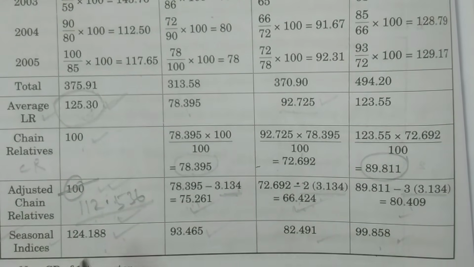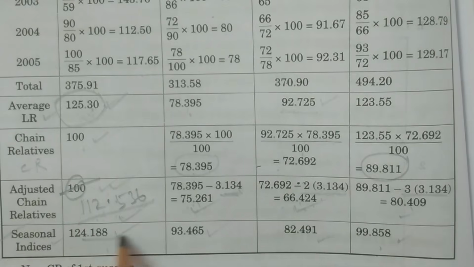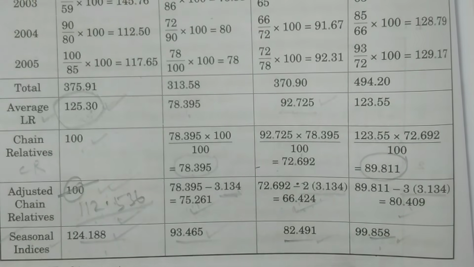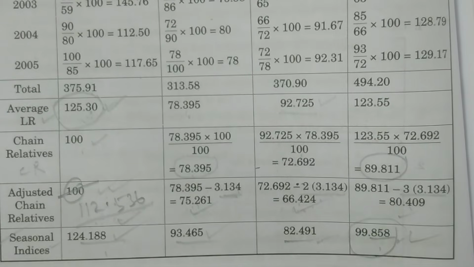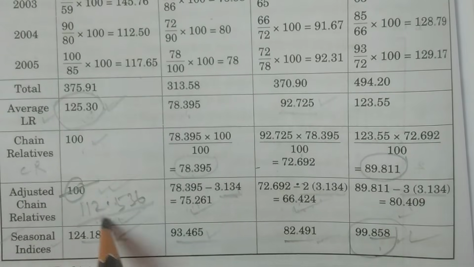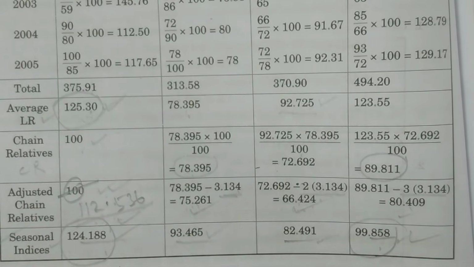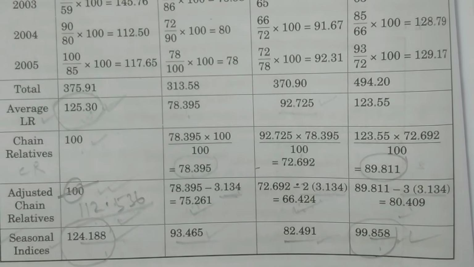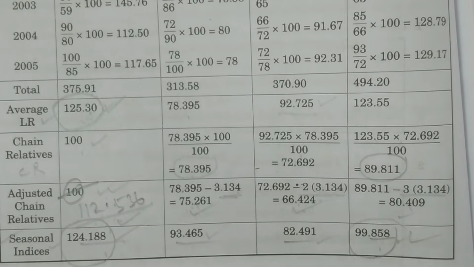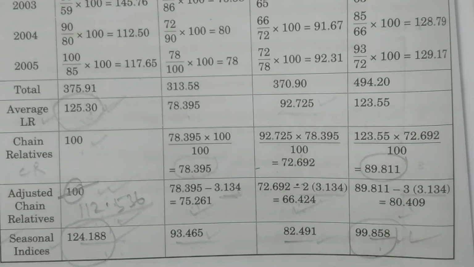Among the seasonal index numbers for the four quarters, the sales are good in the first quarter. For example, consider the sales or profits of a particular company or a particular businessman or entrepreneur.